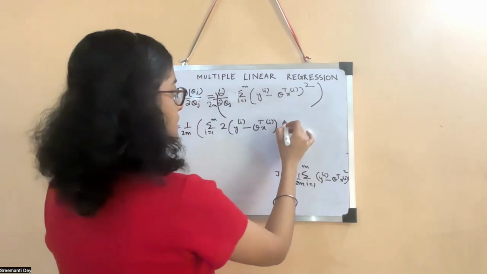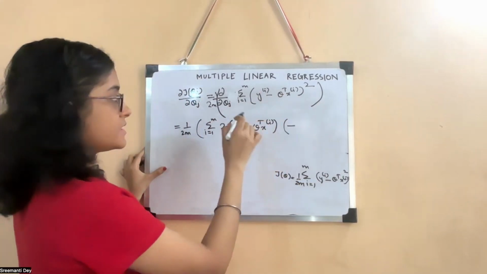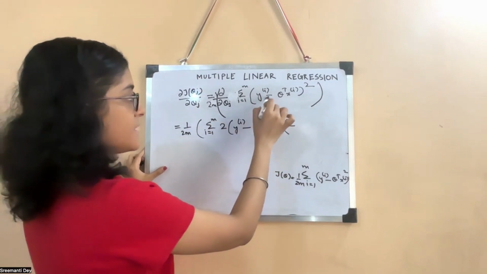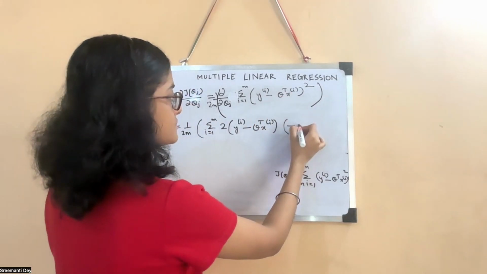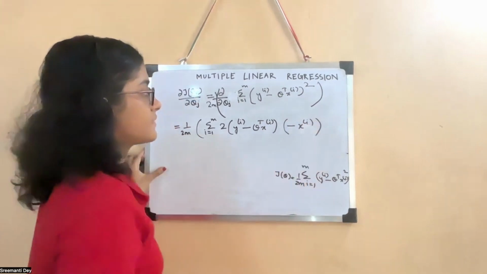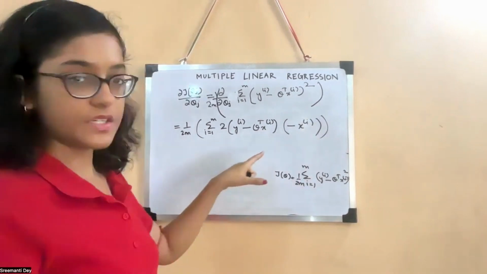And now this one: minus, the others are all constants, so they'll all be 0. Only theta j will remain. So what is it? Minus theta j xi, so minus xi. That's it. Done. This is our differentiated value.